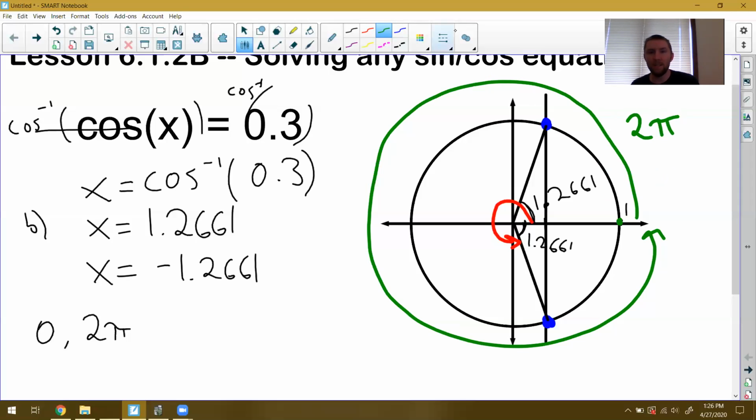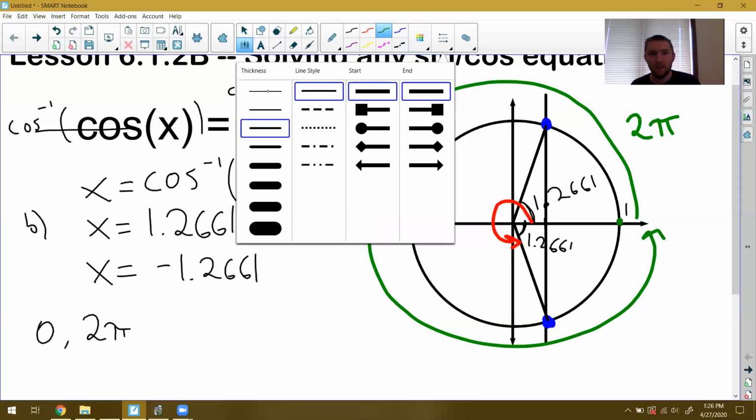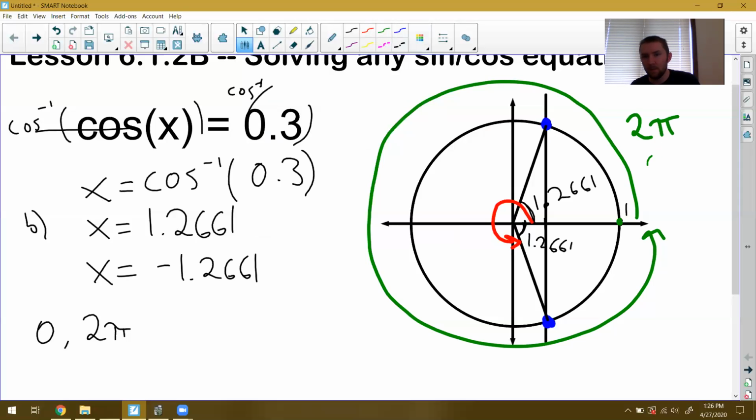And 2 pi, you guys, is approximately 6.28. It's obviously more decimals than that, but that's an approximation, because pi is 3.14 and 2 pi is 6.28.